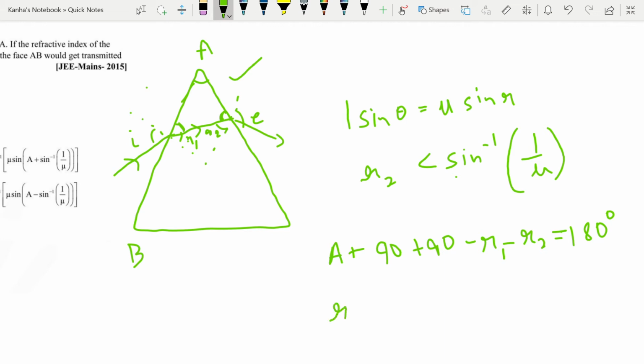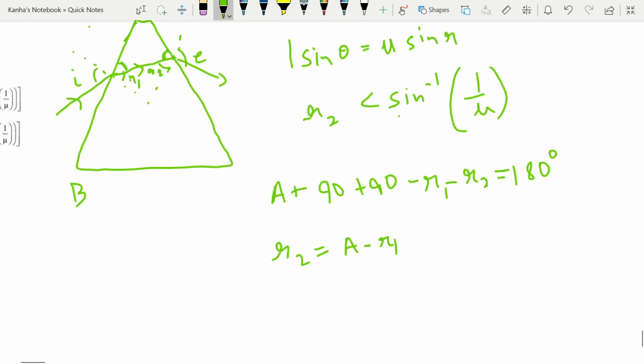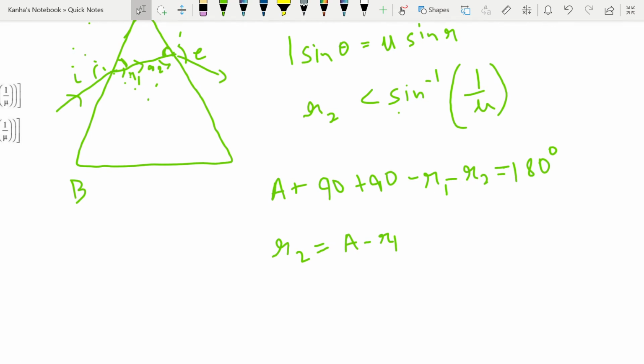I can easily write that my r2 is nothing but A minus r1. Or I can write that A minus r1 is less than sine inverse 1 by mu, given the definition that we gave right over here.